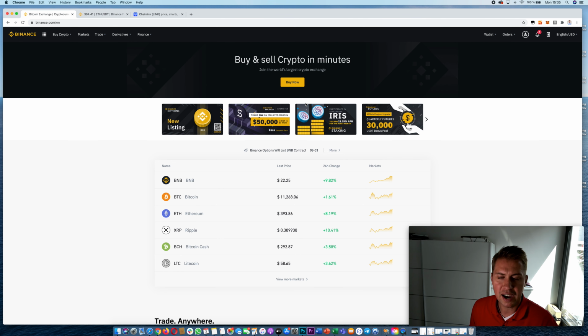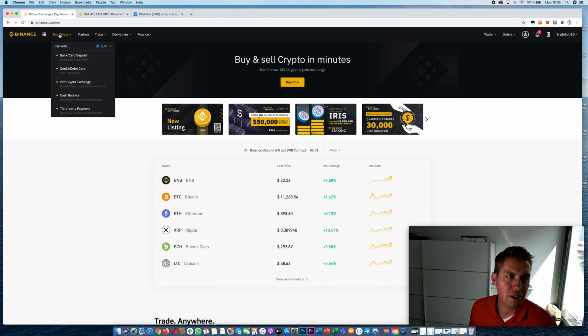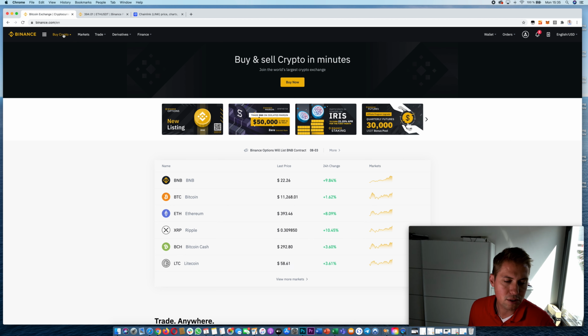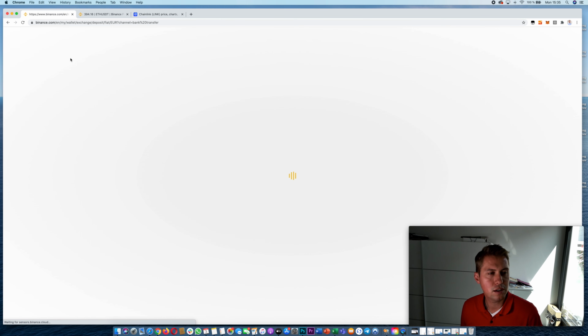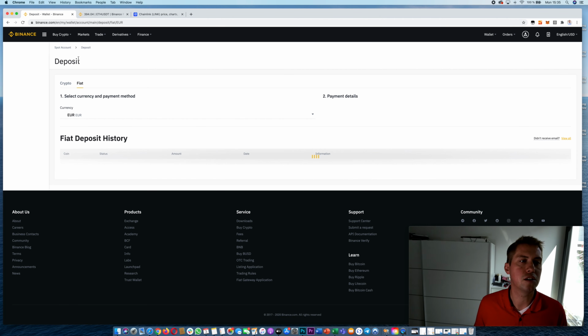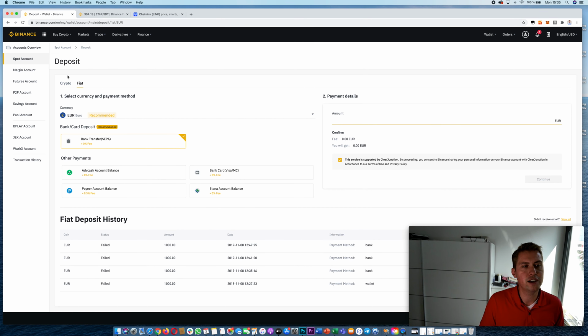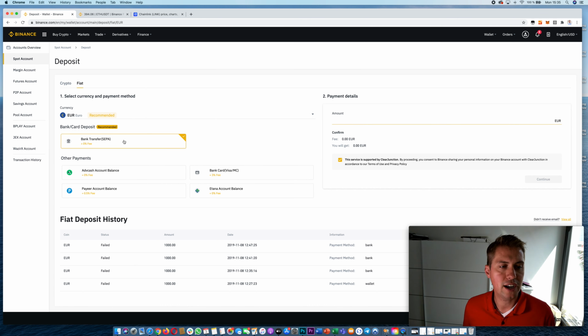Once you have a Binance account, you can start by depositing cryptocurrencies or fiat currencies into your Binance account. You can just click here on bank or credit card. Here on fiat, you could, for example, do a bank transfer and wire money to Binance, or you can also deposit money via Visa or MasterCard.